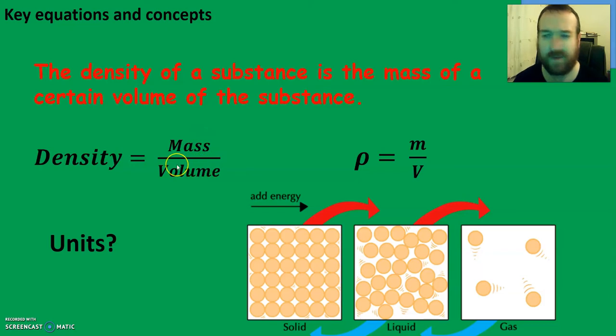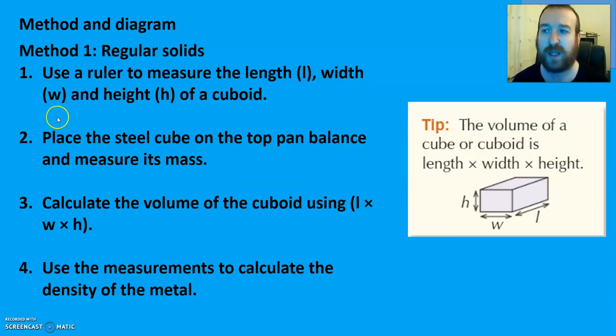They wouldn't be very big, so we wouldn't use meters cubed, we might use centimeters cubed, which would mean our density units would be grams per centimeter cubed. You need to be familiar with both. You need to be aware of what units we're using when we're measuring mass and measuring volume. Okay, it's very important.